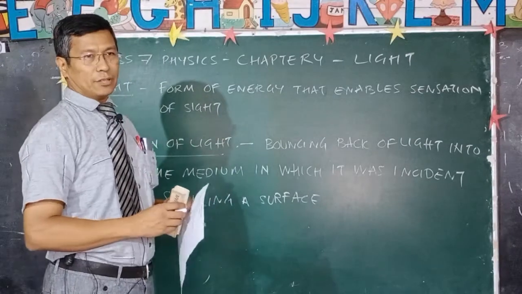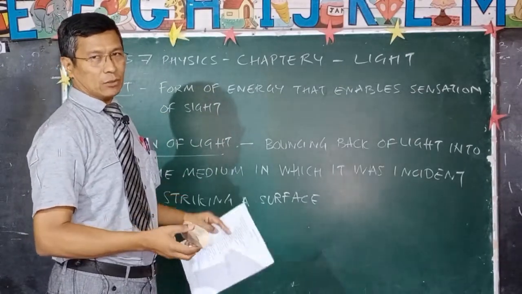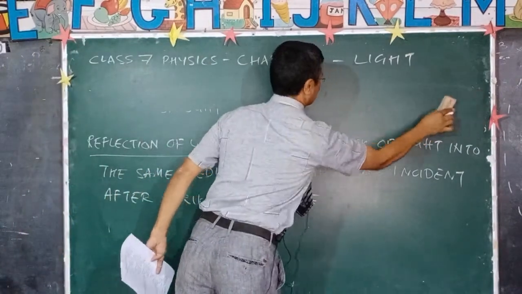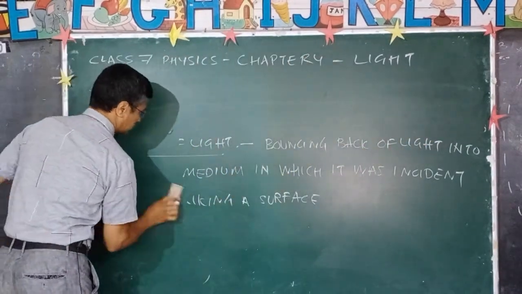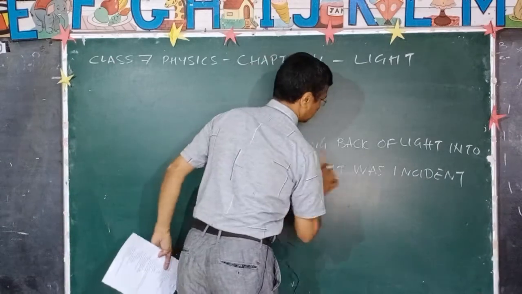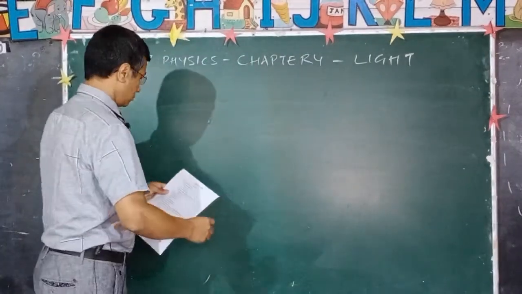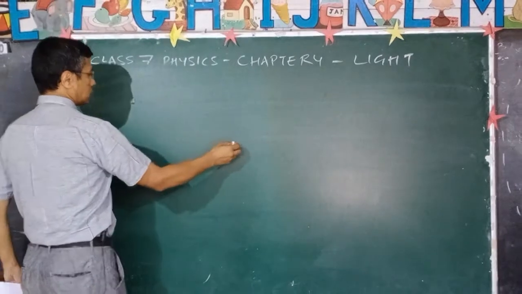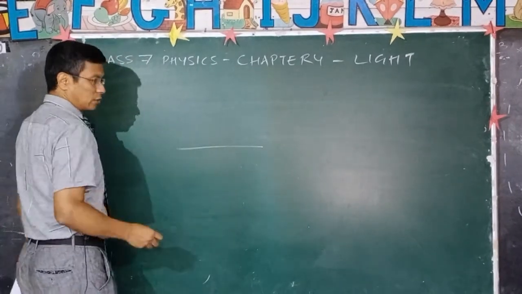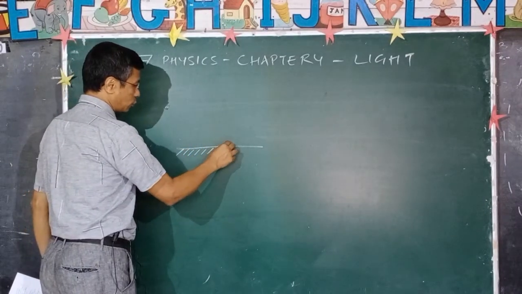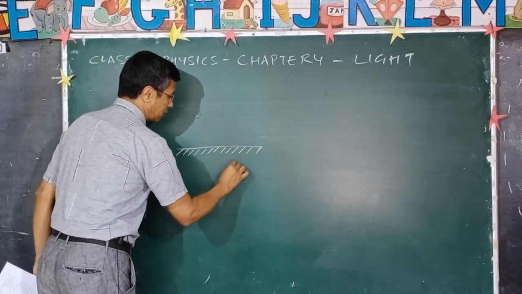So, let me draw a diagram and show you exactly what that means. Supposing you have a plane surface and this is a mirror, and I'm drawing these hairlines to indicate this is the back of the mirror.